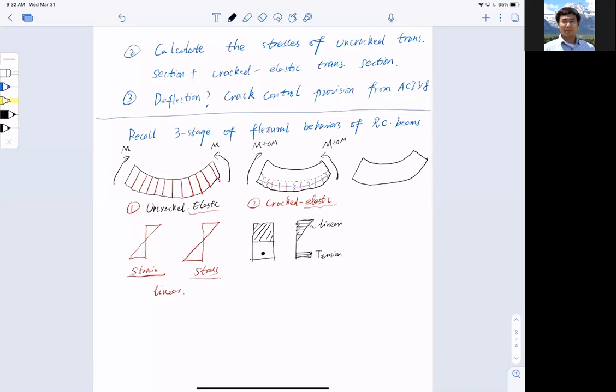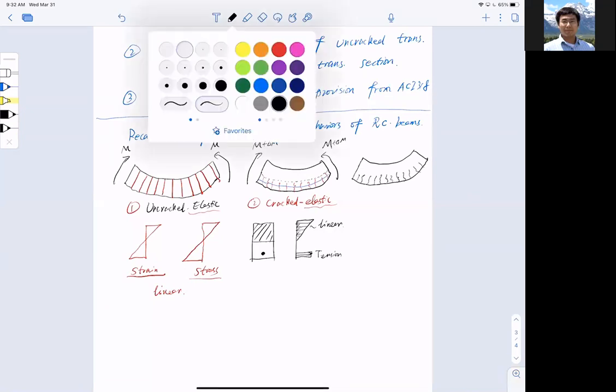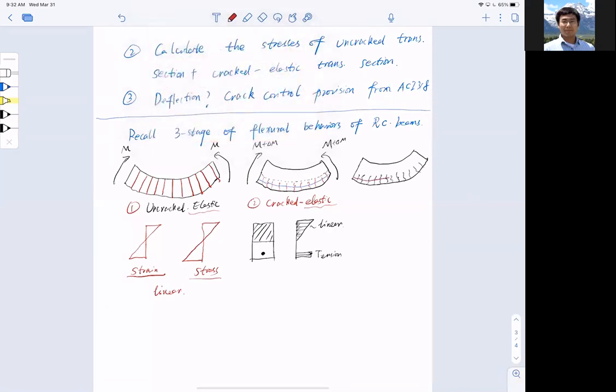What will happen is that the cracks here are severe. You see a lot of cracks already. On top of it, the reinforcement at the bottom here has yielded already, reaching the yield point. So at this stage, this is failure or yielding.